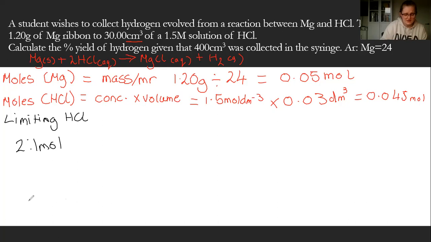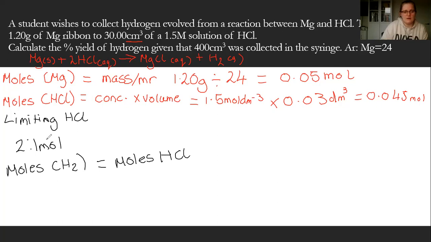So finally, to work out our moles of H2, work out moles of hydrogen, actually how many we've got. So our ratio is 2 to 1. We want our moles of hydrochloric acid, and we're going to multiply that by 0.5. And let me talk you through that. We use our moles of hydrochloric acid because this is our limiting factor.